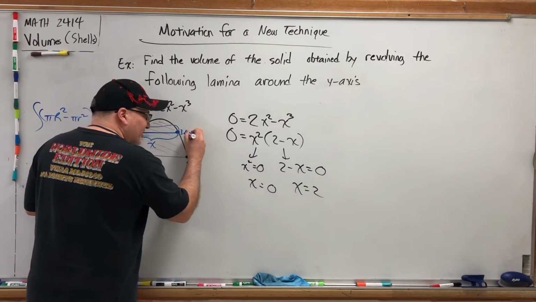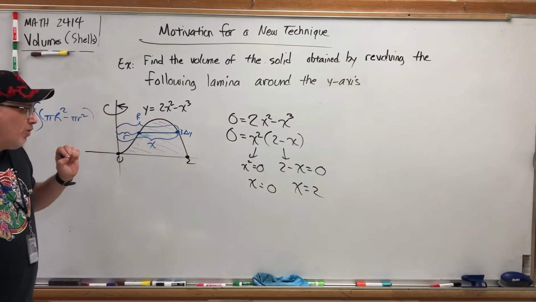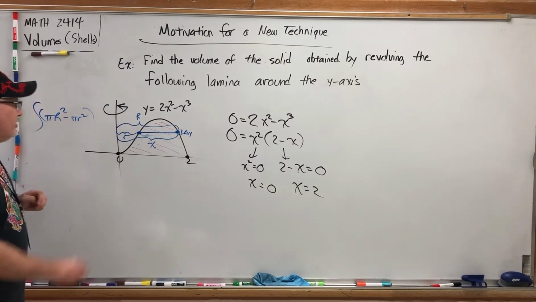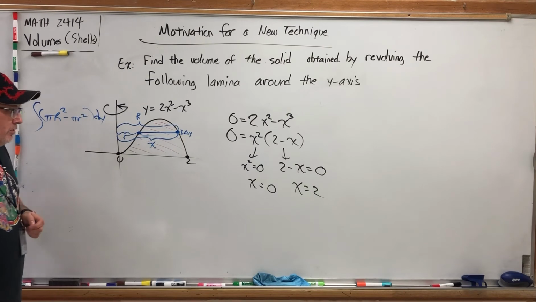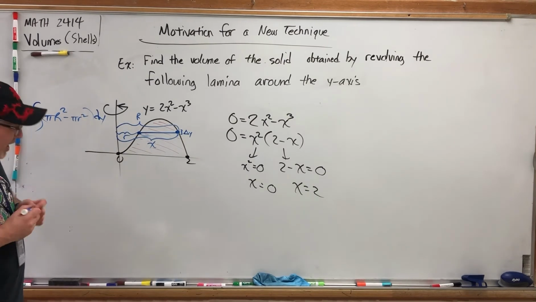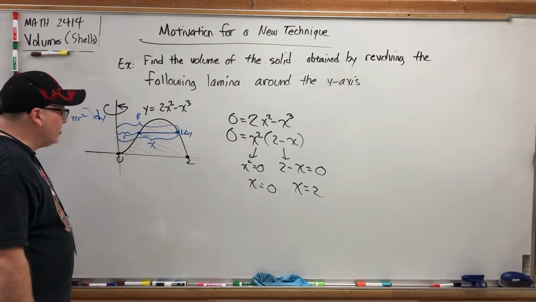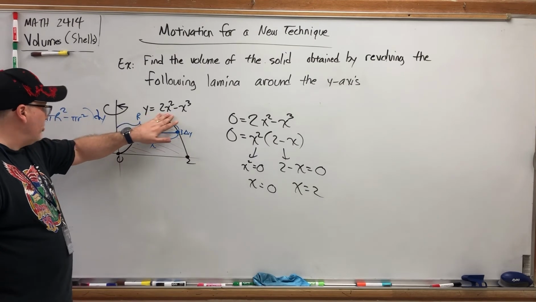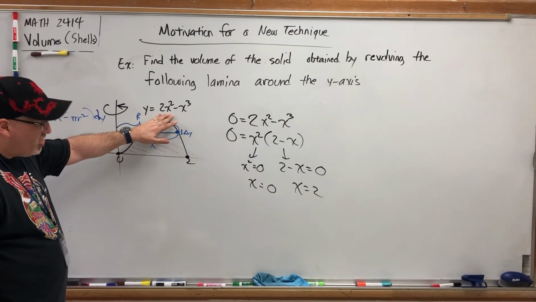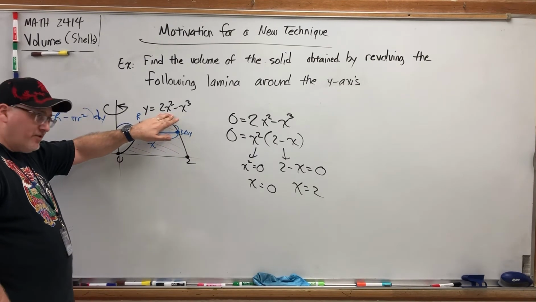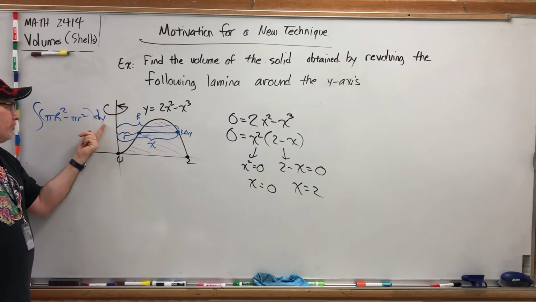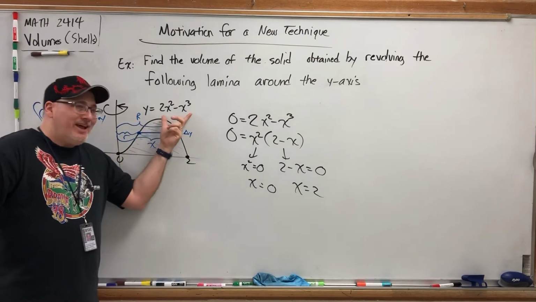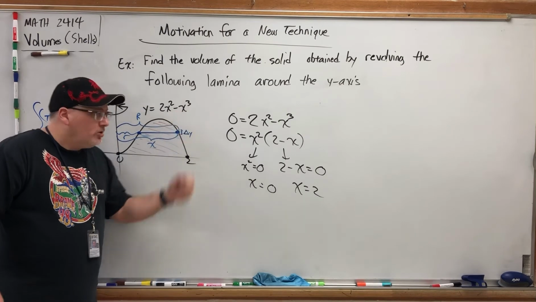In other words, this is a delta y, a very small change in y, and that would become the dy, so we'd be doing a dy integral. So what's the problem? Well, we would need to know this equation as a function of y, not a function of x. Because if we're going to integrate with respect to y, we need x equals, not y equals.